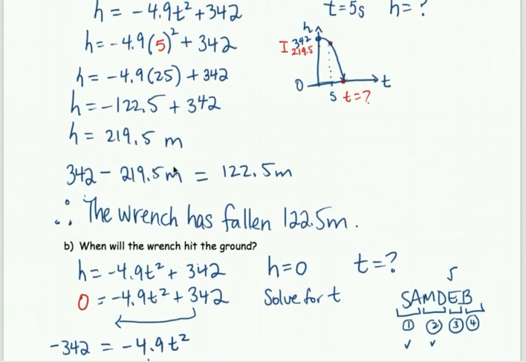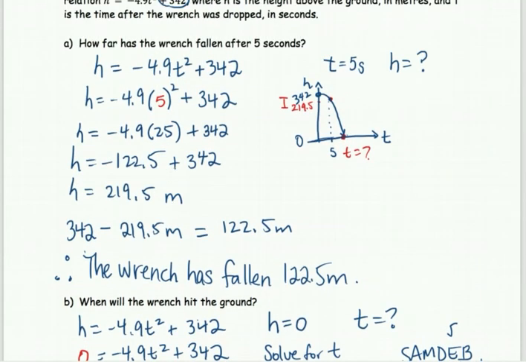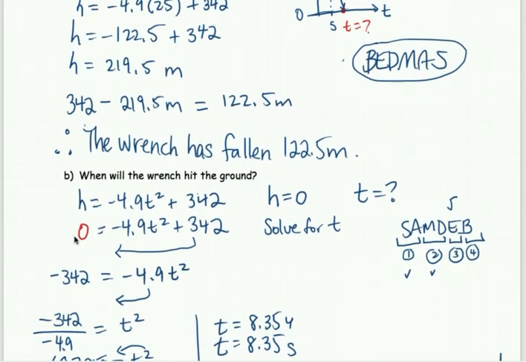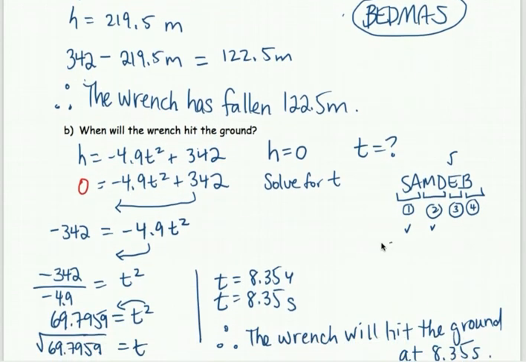So for one of them you have to use BEDMAS, like this one up here, because you didn't have to solve, you just had to calculate the answer. But here, I gave you the answer was 0, so you had to use SAMDEB to solve your way through.